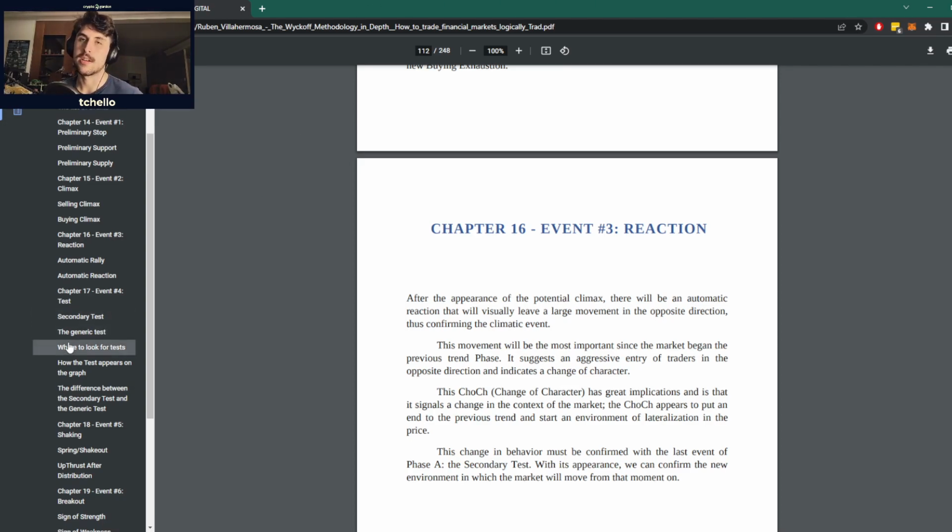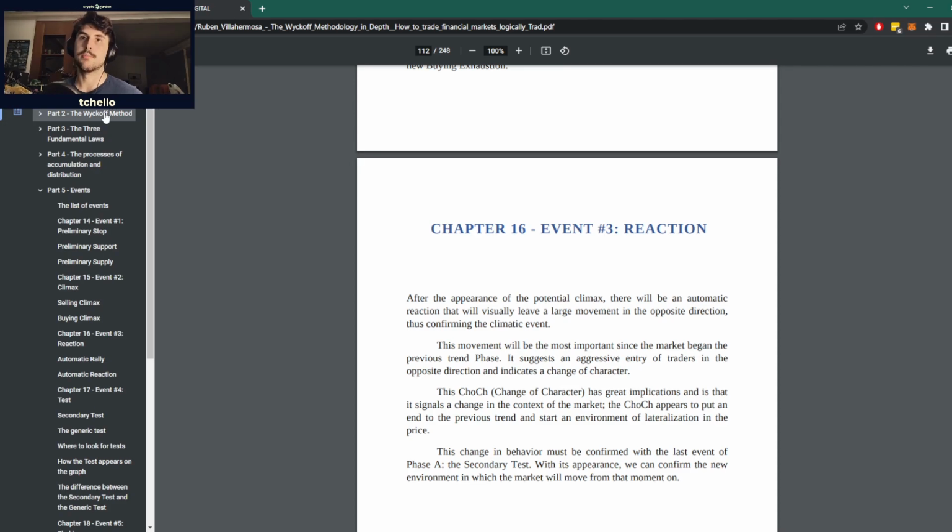Okay, we have learned about a lot of stuff: how markets move, the Wyckoff method, fundamental laws, accumulation, distribution. And then in the past two classes, we talked about the preliminary stop and the climax. What we're going to talk about today is the third event in the Wyckoff methodology, which is the reaction.